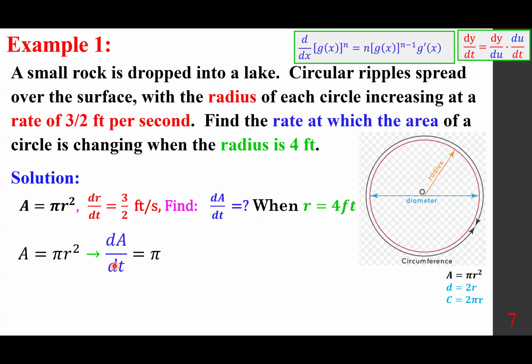So dA/dt is pi, because pi is a number, remains, and then now differentiate r squared, which is 2r dr/dt. And you rewrite. You're done with calculus, you plug in, you're done.